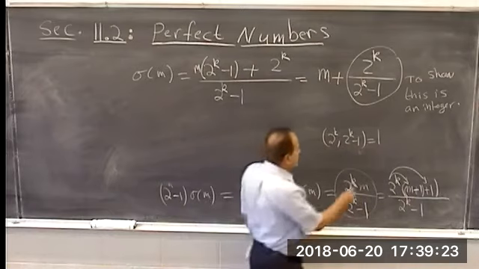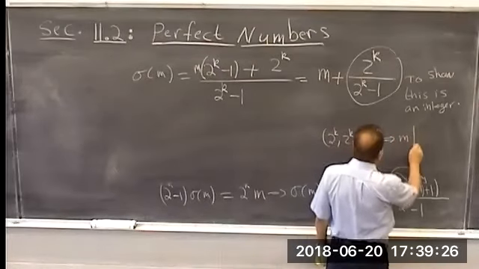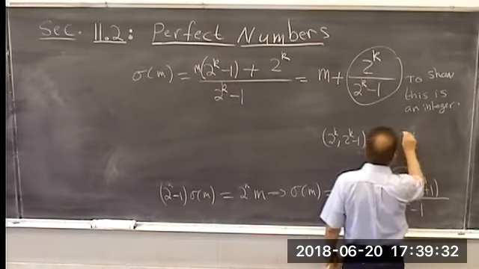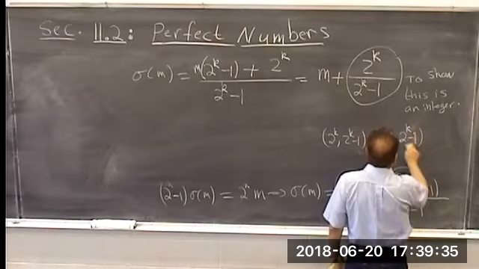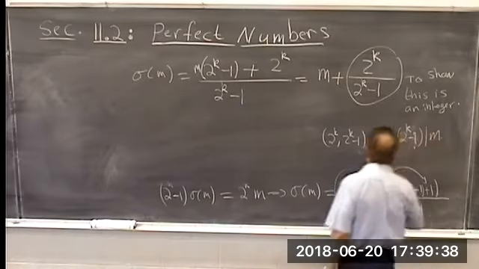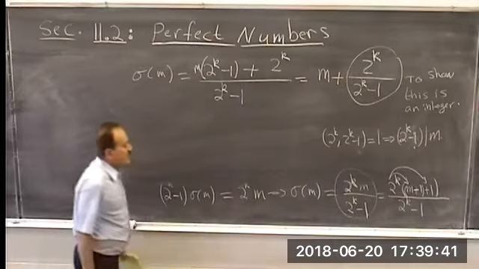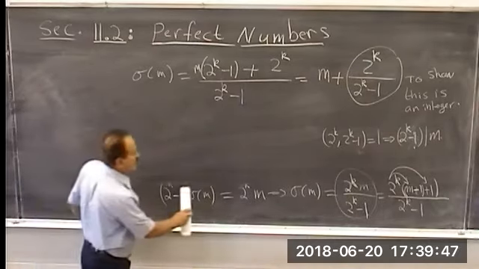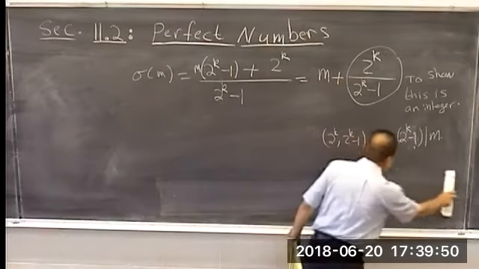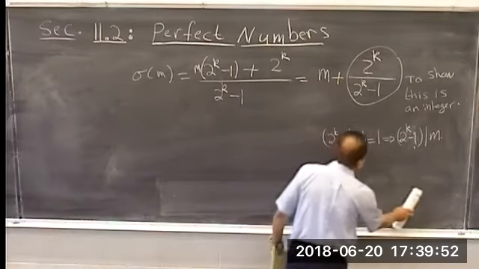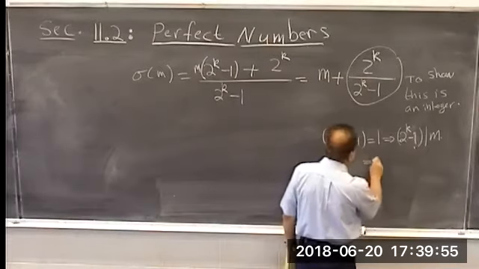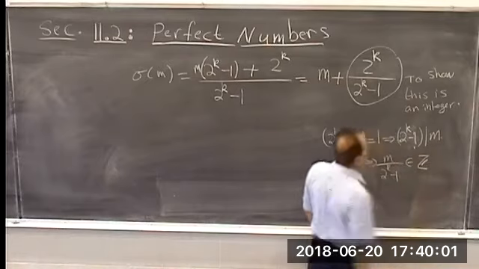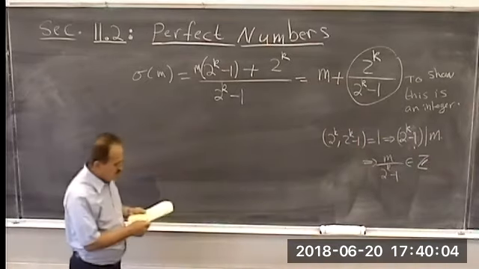And this implies that 2 to the k minus 1 must divide m. So this implies that m over 2 to the k minus 1 is actually some integer.